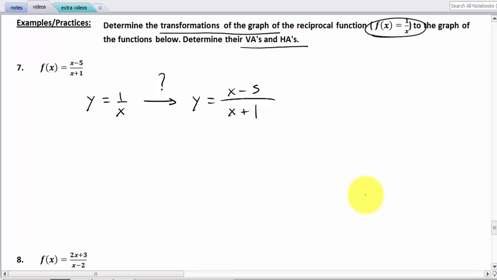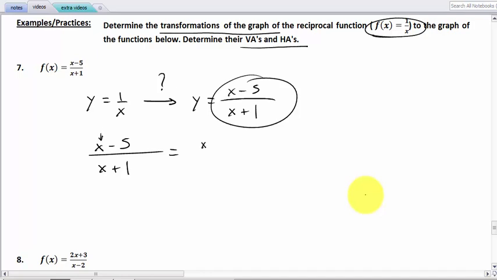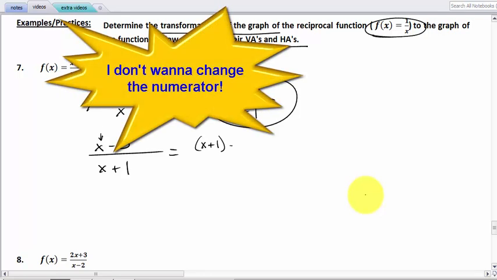How does that happen? Well, this is actually not difficult. Let me show you how it works. You take this function right here, x minus 5 over x plus 1, and you find a way to write the denominator in the numerator. So my denominator is x plus 1, so this x, I'm going to turn it into an x plus 1, like that. But because I don't want to change my denominator, this plus 1 I subtract right away.